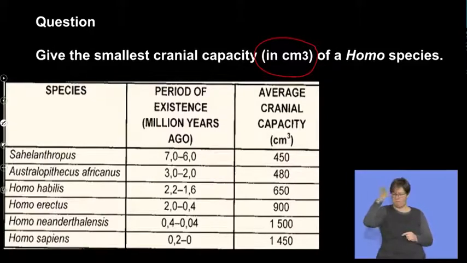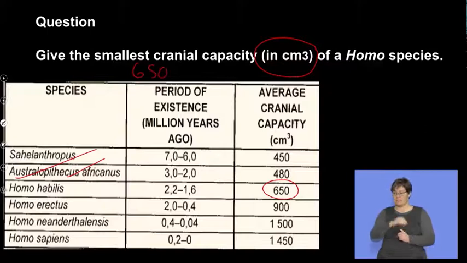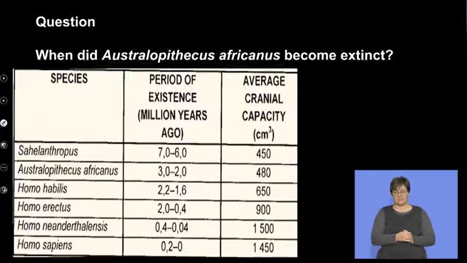So we look, those are out. So we look at these, and the smallest is going to be the Homo habilis, and the answer then is going to be 650, and they asked you for the cubic centimeters. So there's your answer. Nice answer over there.